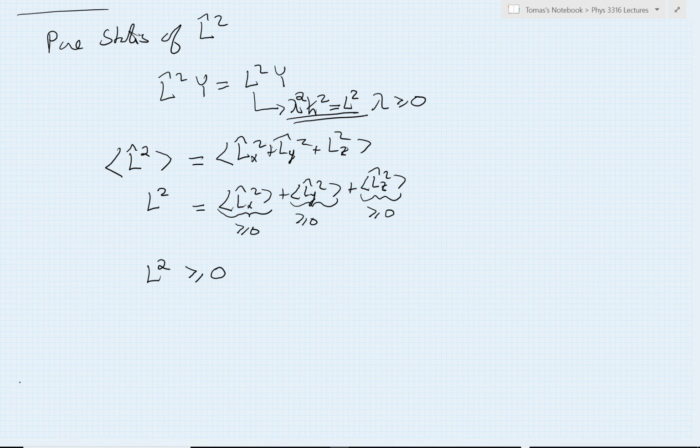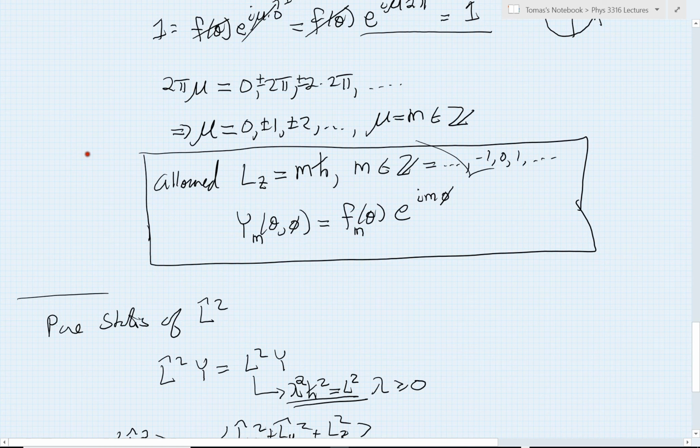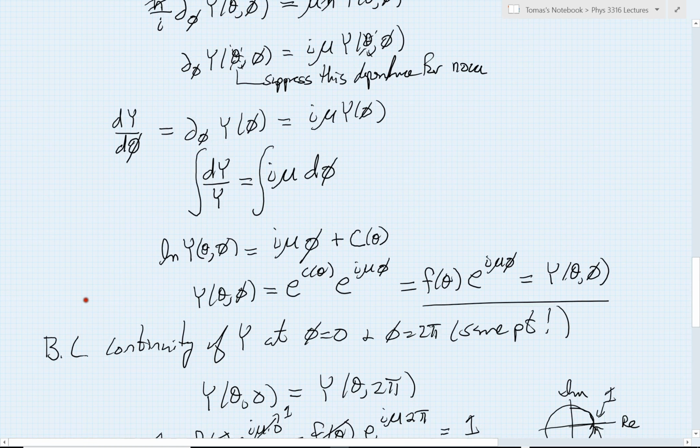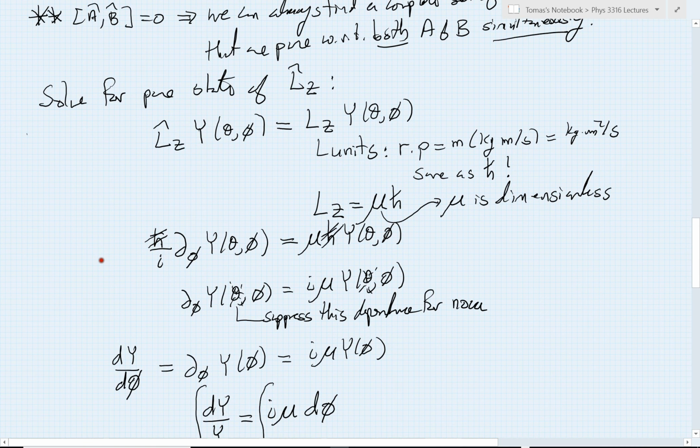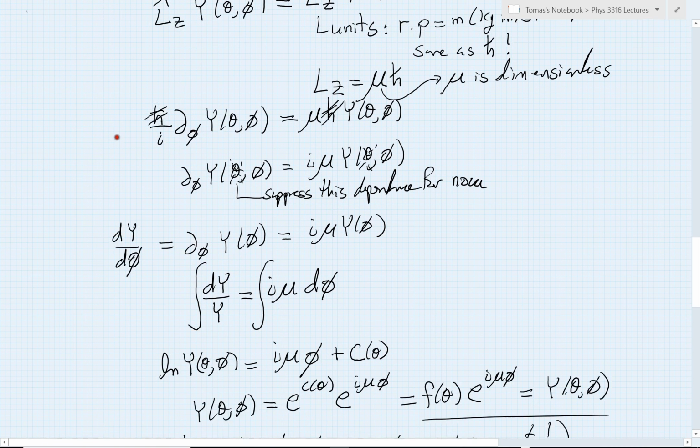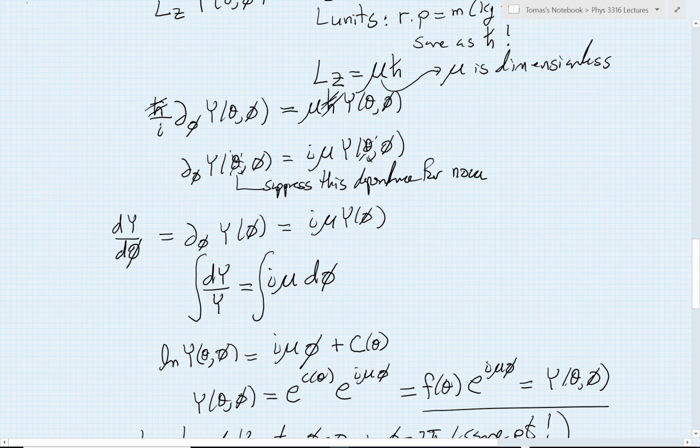If I'm also looking at states that are pure simultaneously with respect to L squared and with respect to Lz, this is why we went through the argument to show that we can in general expect that we will find a complete set of pure states that are pure with respect to both of these observables.